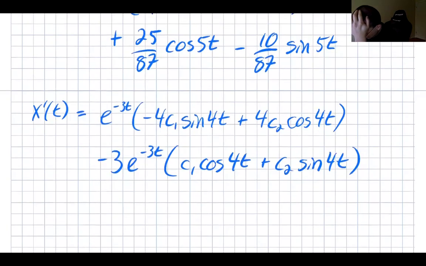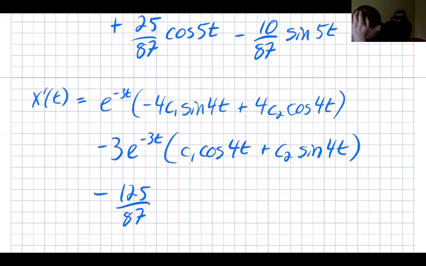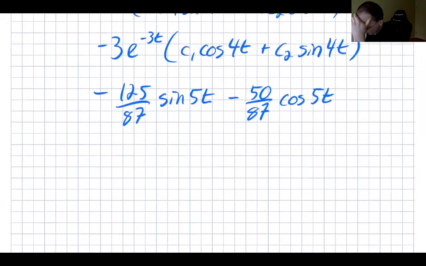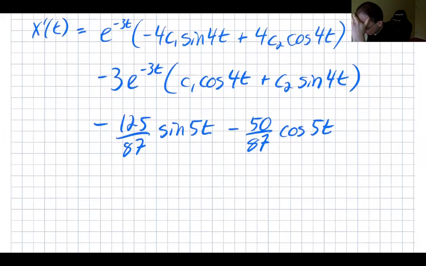And then I need to take the derivative of this stuff, which is going to be negative 125 over 87 sine 5t minus 50 over 87 cosine 5t. Okay, I'll just leave it like that. I guess I could simplify that, but we don't really need that super simplified. So let's just keep it like that.